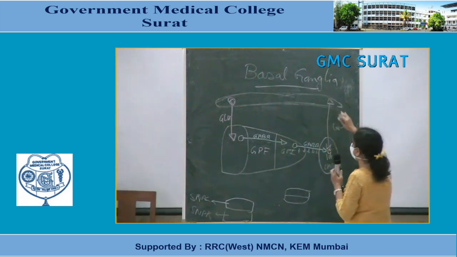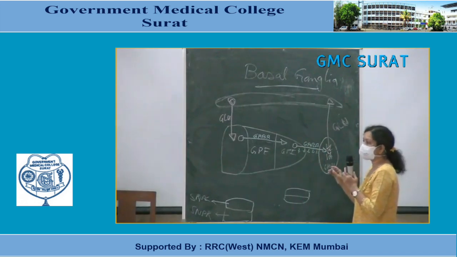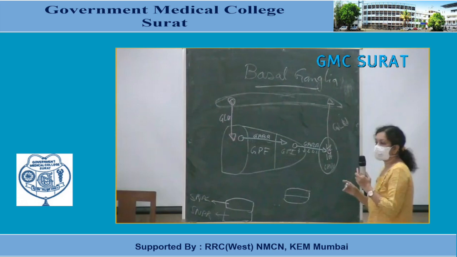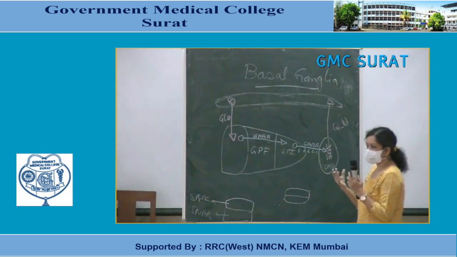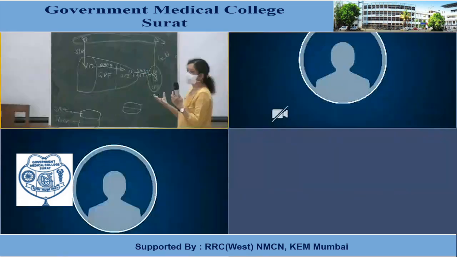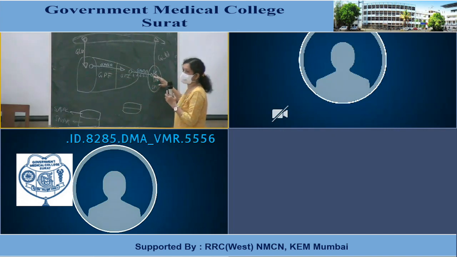So this is the direct pathway which is working when we are at rest. Now, if we intend to do some movement, usually the basal ganglia control the complex movements. Whenever we intend to do any movement, just with the intention, the neurotransmitters are released in the basal ganglia area.